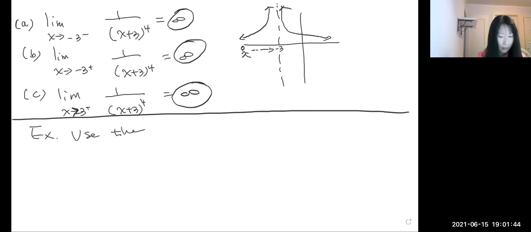No, because C is a different question in the same book. One is the left, one is the right, and then -3. Probably I wrote it down wrong. Oh, okay. Yeah, that makes more sense. Thank you.